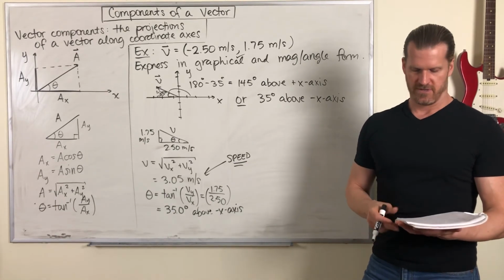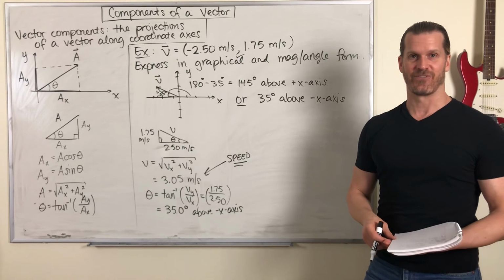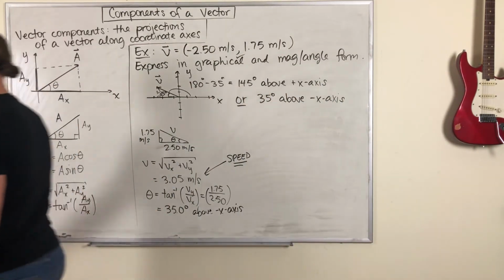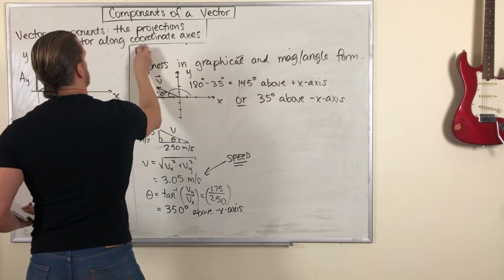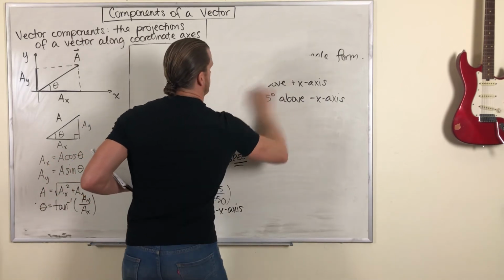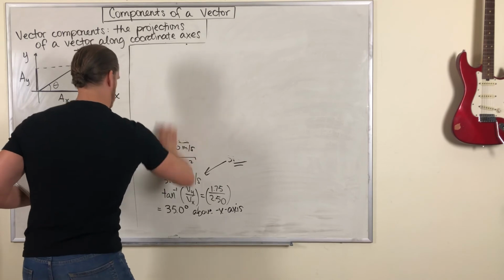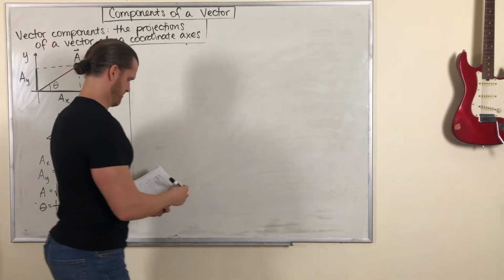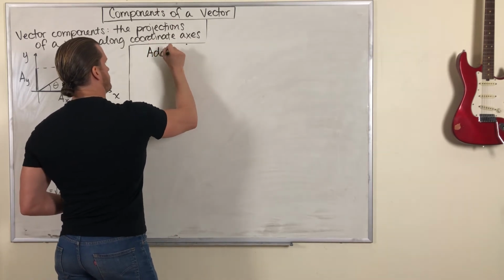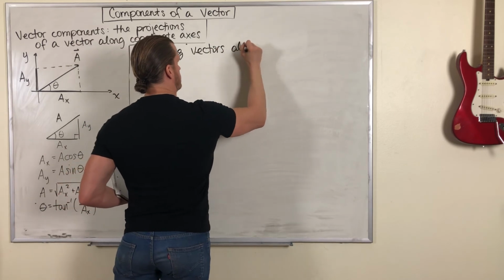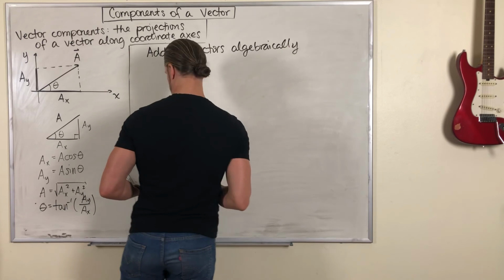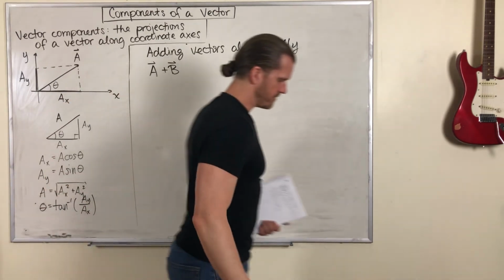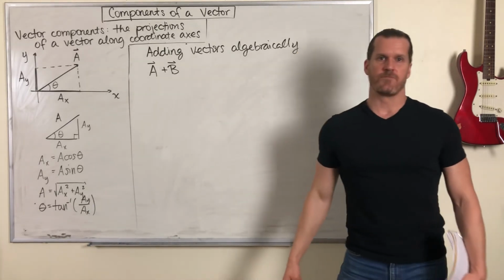Okay, now I'm going to do one more example where you're going to see how to add vectors together numerically using component form, and it's super easy. Let's say you want to add vector A plus vector B. We know how to do it graphically.